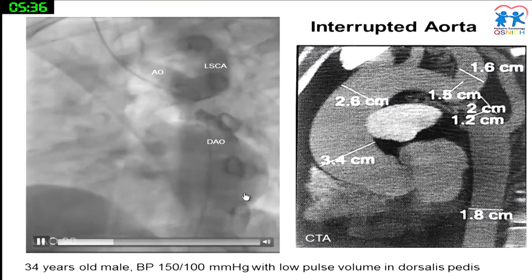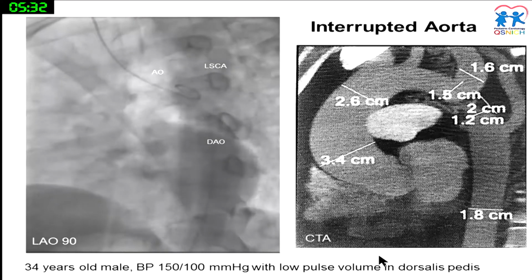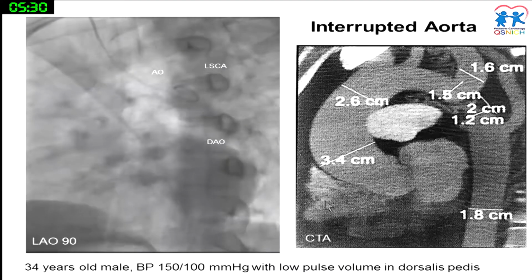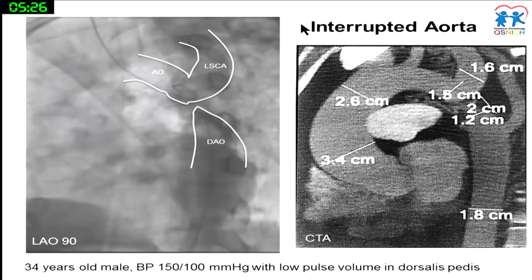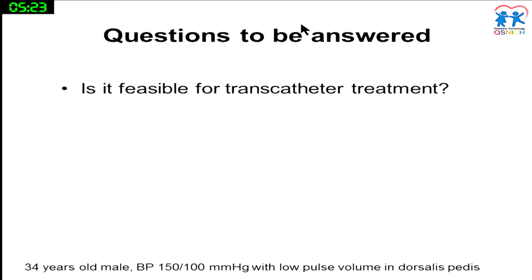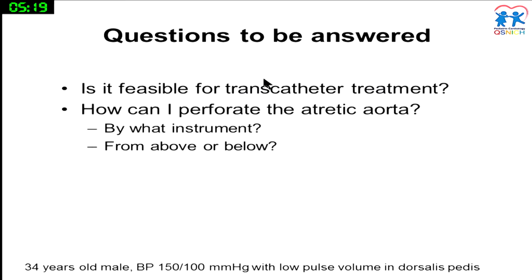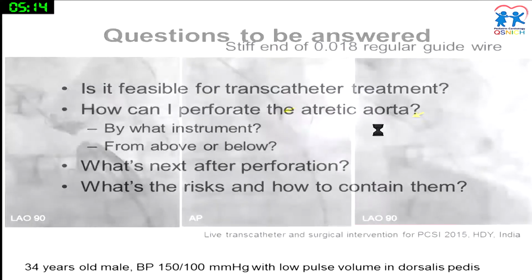As you can see, this is what we did in India a few years ago. So this is an interrupted aorta, definitely, 34 years old. With this, a catheter intervention can be done, but the question to be answered would be, is it feasible? How can I do perforation of this, and what's next after perforation? How to contain the complication, something like that.